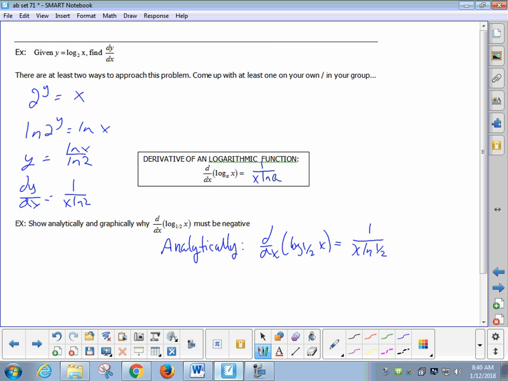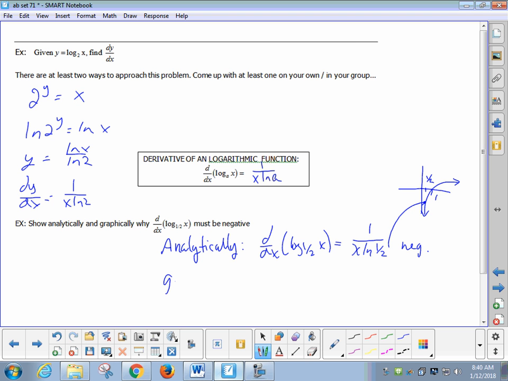Okay, natural log of a half. Here's 1. Isn't natural log of a half about here? And so that is negative, right? Okay.